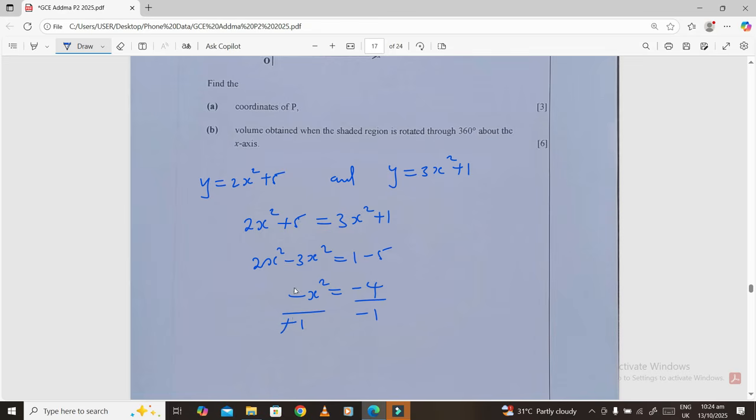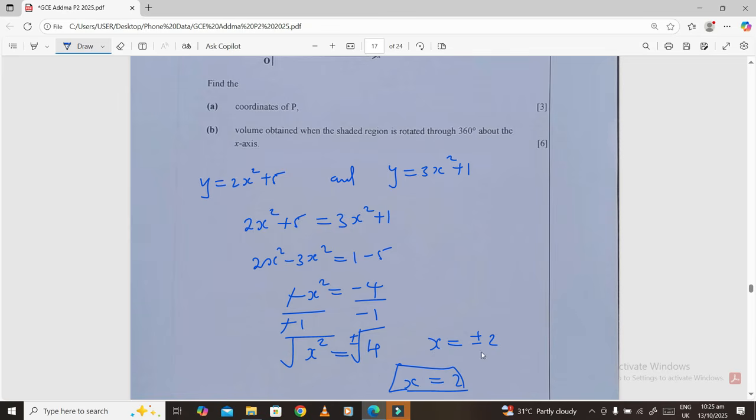This and this will go. X power 2 is equal to 4. Find the square root, both sides. So x is coming out to be equal to positive or negative 2. In our case, we just get a 2. So the value of x is equal to 2.